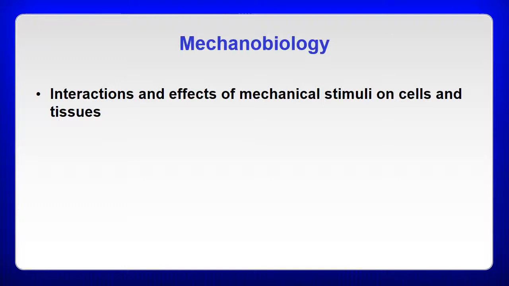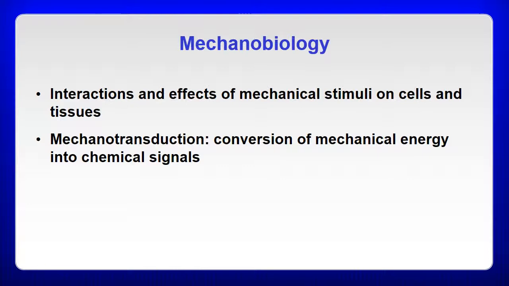So we're looking at the concept. When we talk about mechanobiology, we're essentially looking at the mechanism and how mechanical energy is transformed into chemical signals, resulting in cell-mediated tissue responses. Mechanotransduction works with this process, and basically what mechanotransduction does is convert mechanical energy into chemical signals.